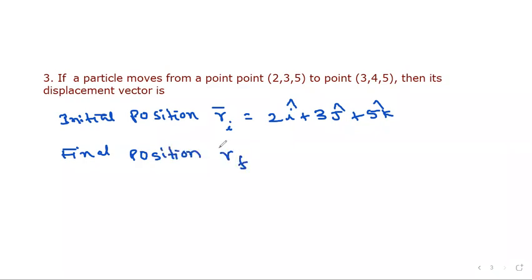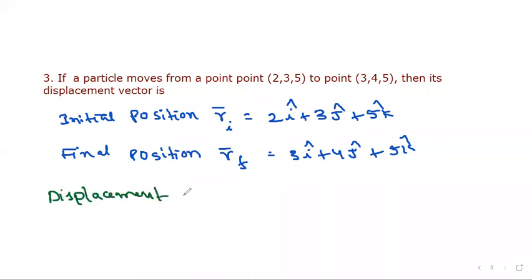Final position, R final bar is equal to 3 i cap plus 4 j cap plus 5 k cap. Displacement, I already told you, is final position minus initial position, so displacement equals R final bar minus R initial bar.